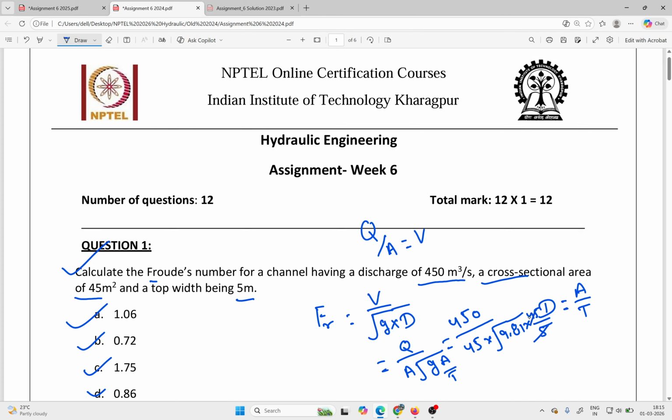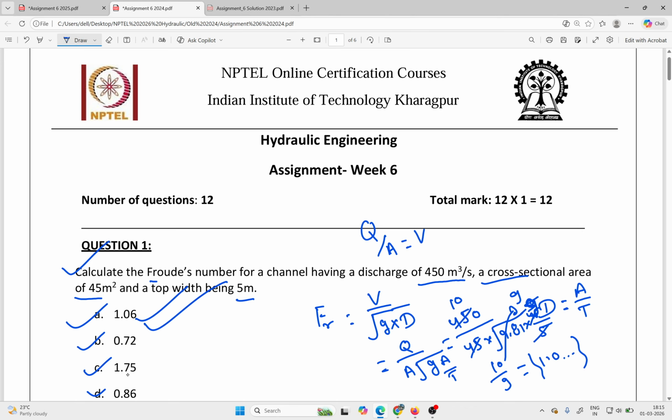So this will be 5 times, then no, this is 9 times, and after the root you will get something more than 9, so I'll write 9 for the calculation, and this will be cancelled out. So 10 by 9 is equal to 1.0 something. So option A is correct.